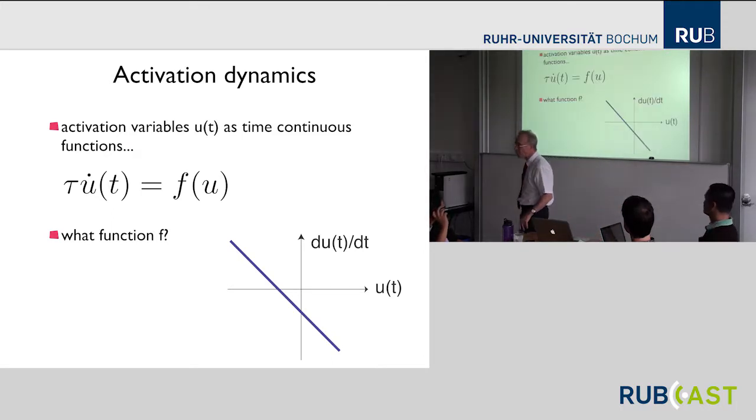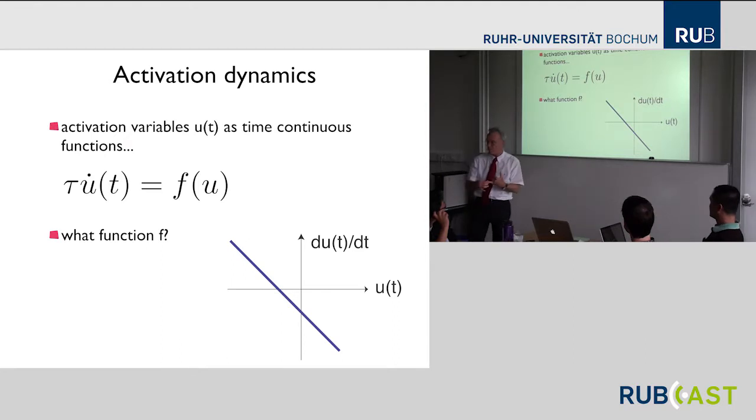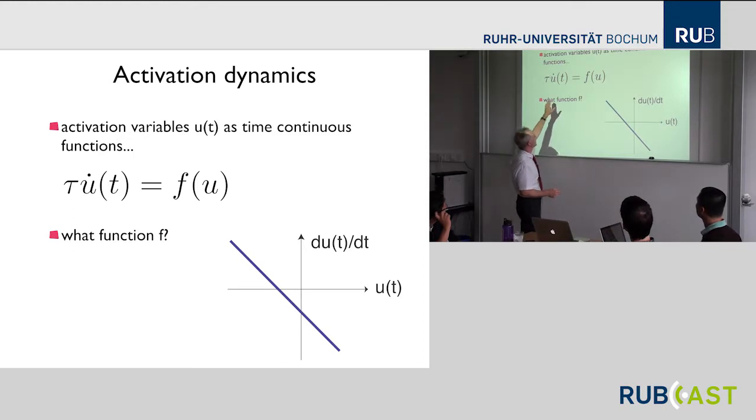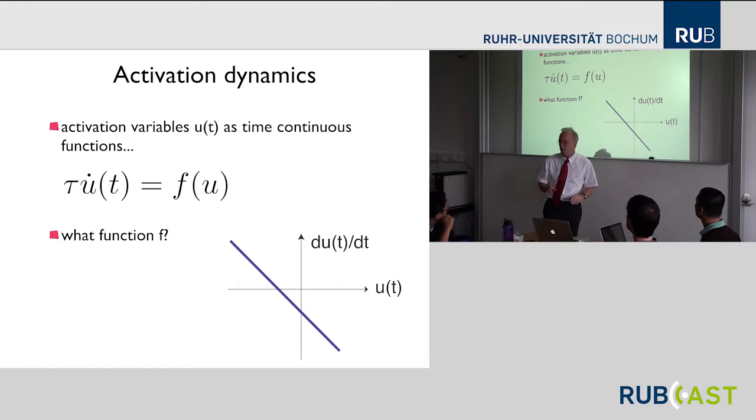Now, if you have an activation variable that is a real number, so it's a continuous variable, and if it evolves continuously in time, then the only way to talk about its evolution in time is through dynamic systems or differential equations. I used to derive that from recurrent networks, but it's actually a pseudo derivation, so I dropped that.